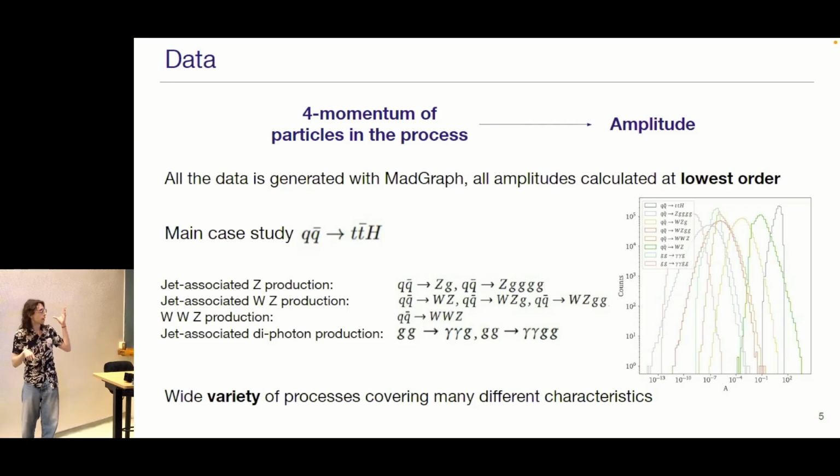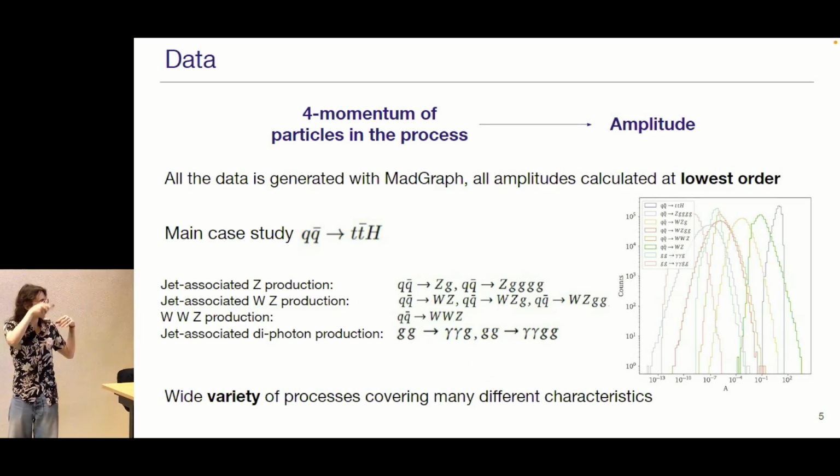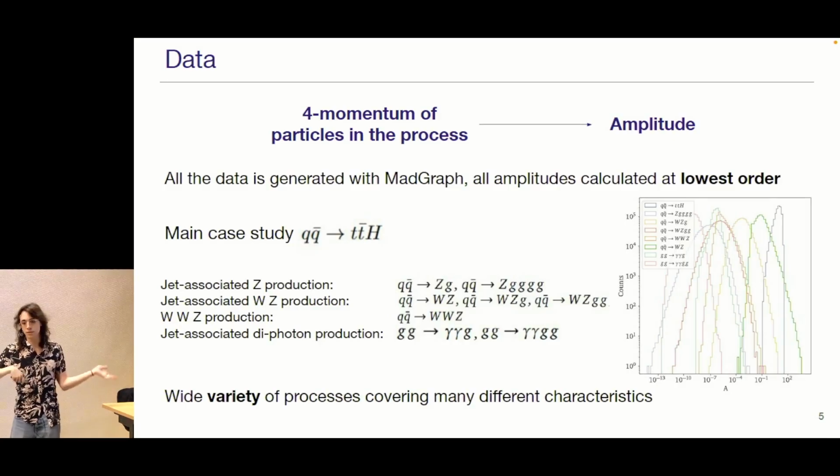So we have processes with massless particles, with massive particles, with loops, with exchange of identical particles, without exchange of identical particles. Many things, a wide range of processes. So it would be nice to see if these scaling behaviors are truly universal and apply to this wide range.